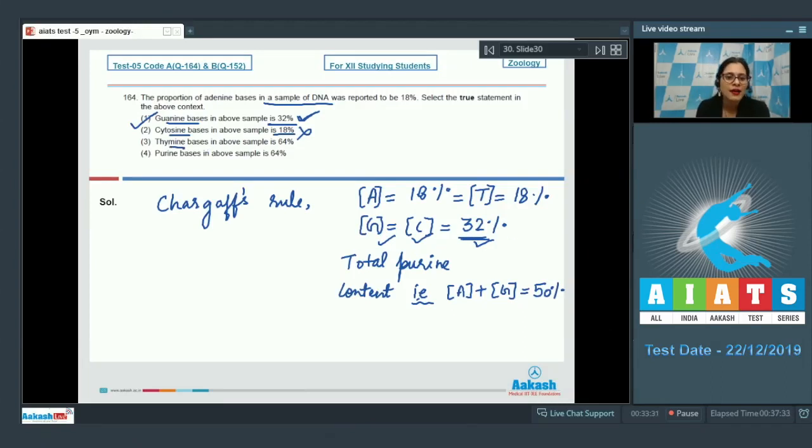The third option is thymine bases in above sample is 64%, and this is incorrect because thymine as well as adenine will make up 18%. Each base will make up 18% of this DNA sample. The last option is purine bases in above sample is 64%, and this is also an incorrect statement because total purine content is 50% and not 64%. So the correct answer to this question is option number 1. Let's move on to the next question.